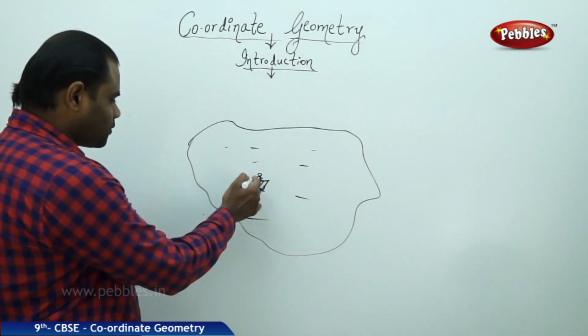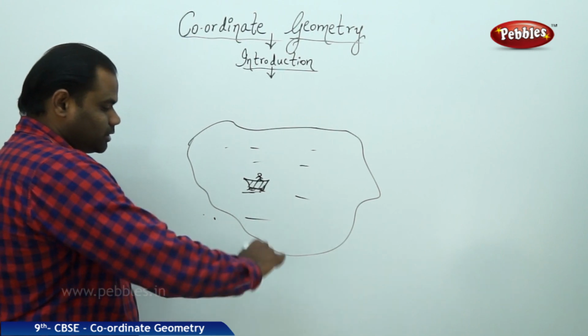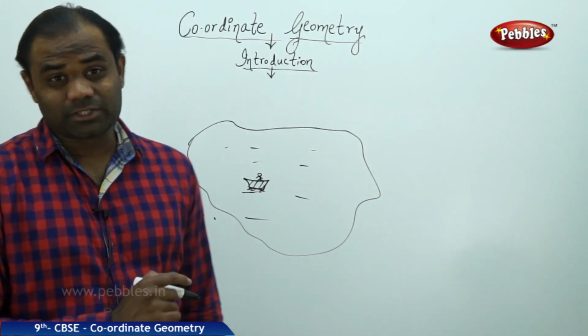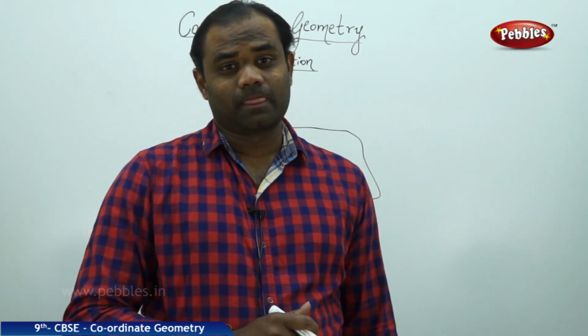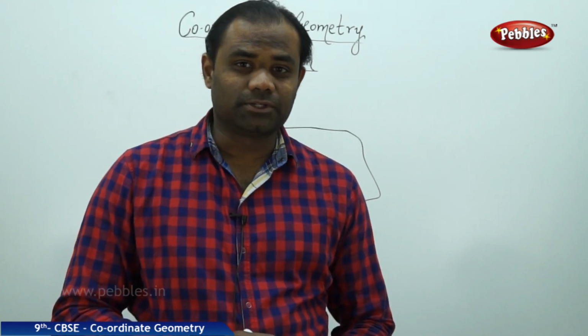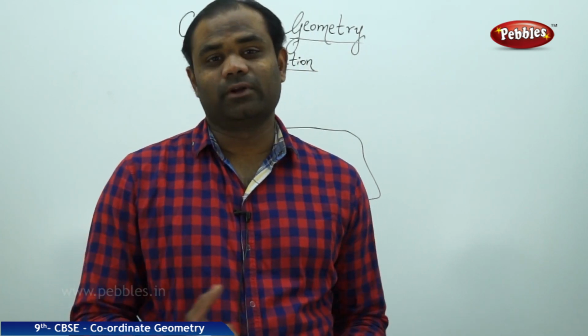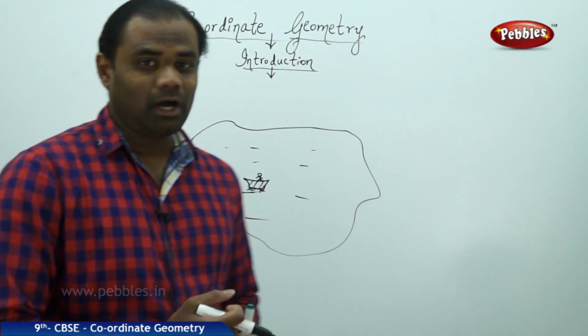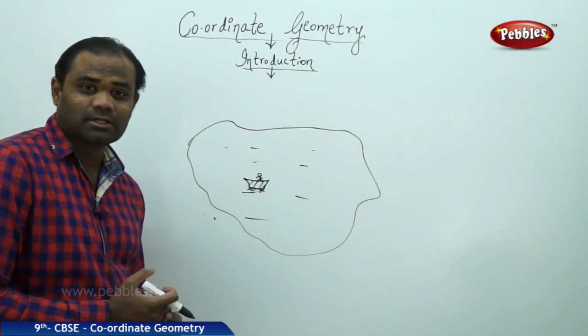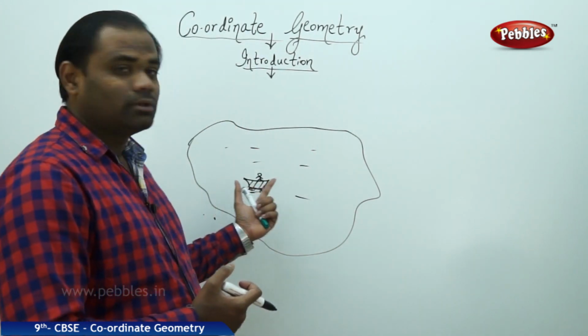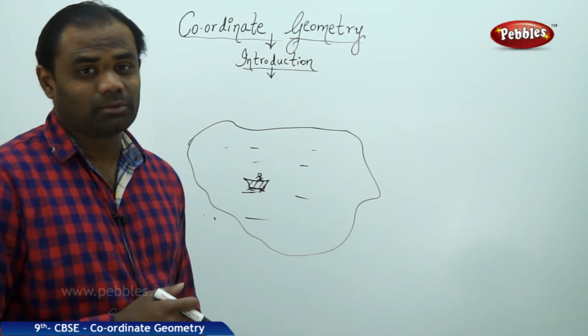So his destination to reach the bank, which is out here, would be just based on coordinate geometry. Interestingly, this is a real life situation which demands coordinate geometry. So let's see how he estimates the bank through application of coordinate geometry.